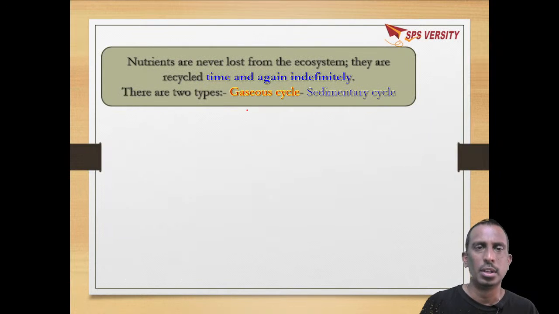Now when you come to the nutrients like nitrogen, phosphorus, calcium, potassium, these nutrients are circulated in the ecosystem. They are never lost from the ecosystem.